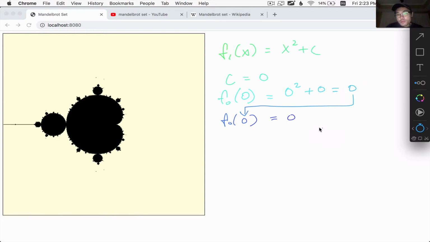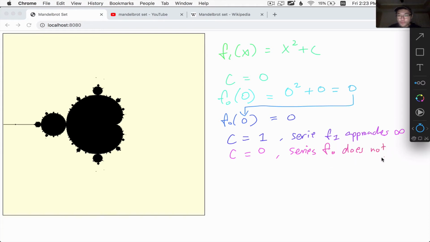So notice that for the case of c as 1, the series f_1 approaches infinity. For the case of c equals 0, the series f_0 does not approach infinity.